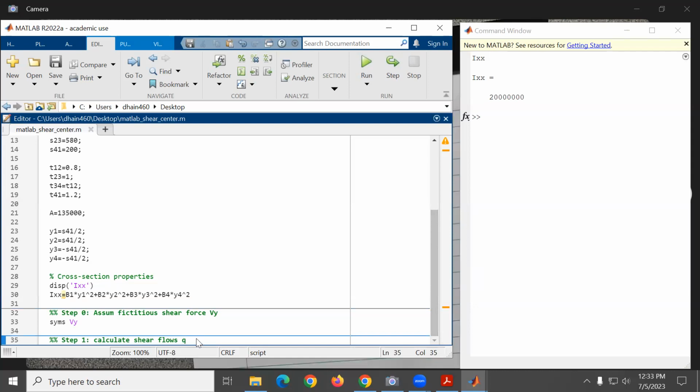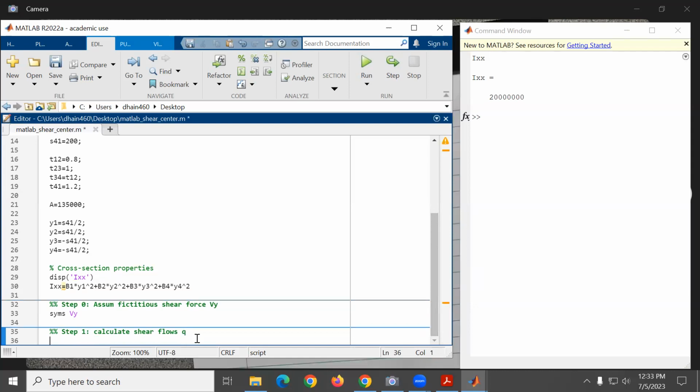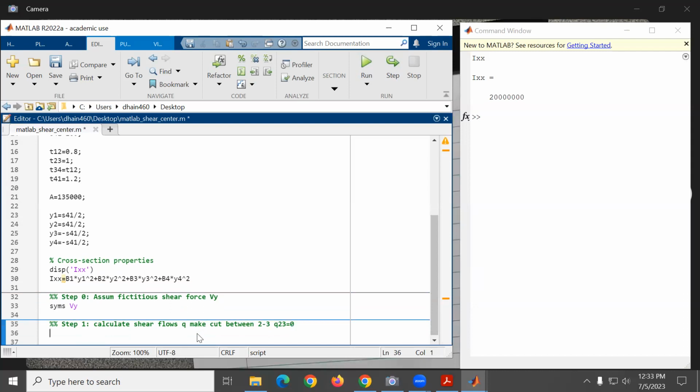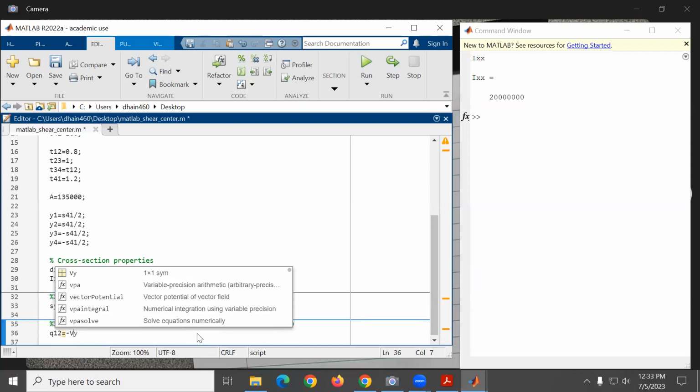So here now, calculate shear flows, making cuts between 2 and 3, so that Q23 is equal to 0, no? That's what we have. So the calculation would be what? Q12. Then this fictitious stuff is going to be difficult for me to remove, but maybe you can help me.